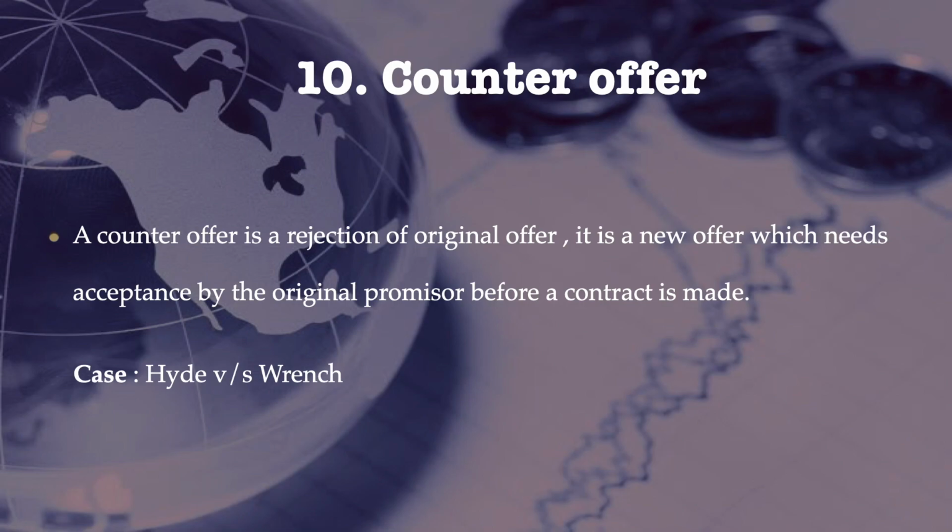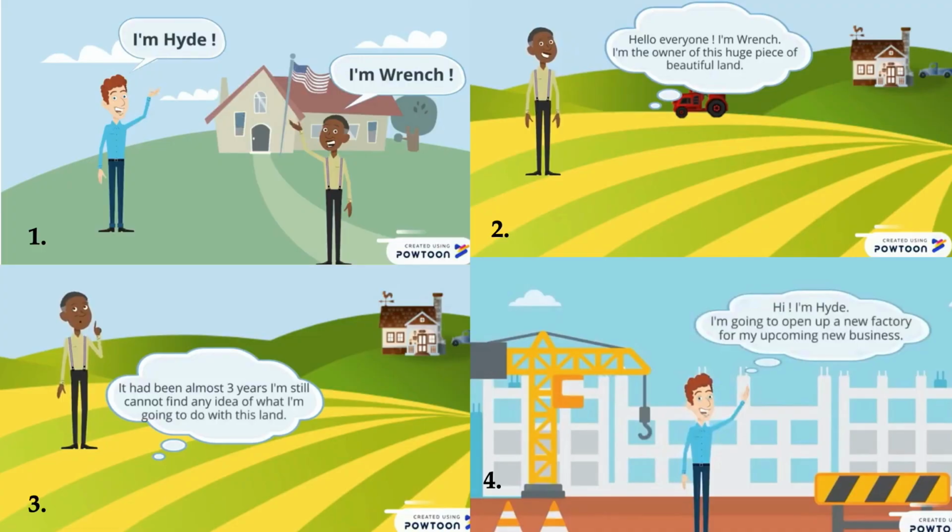Let's look at this interesting case. It's Hyde versus Wrench. The case of Hyde versus Wrench. Now here we can see the first picture. Who's Hyde and who's Wrench. In the second picture we see that Wrench has big acres of land and he is looking for a person to whom he can sell that land because he wants that money for some other purpose.